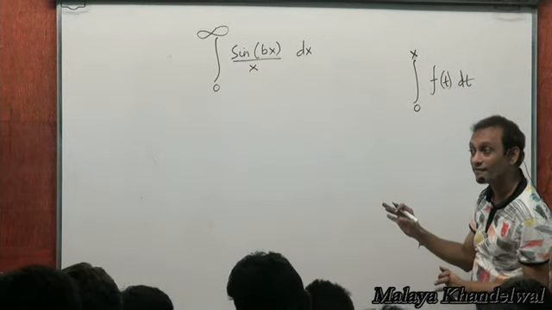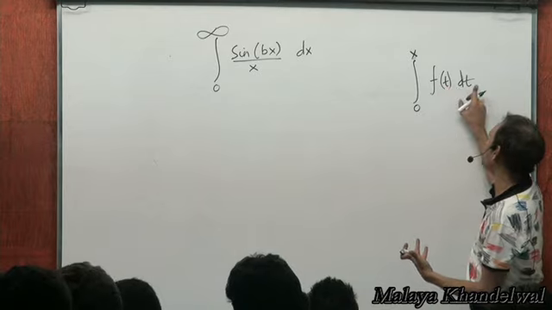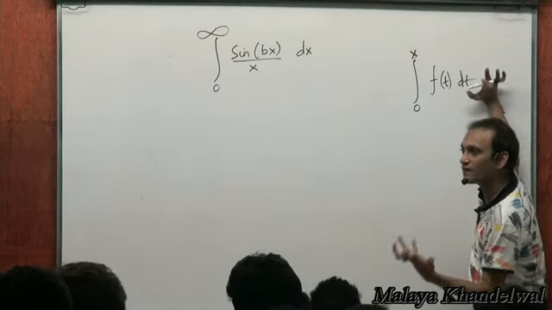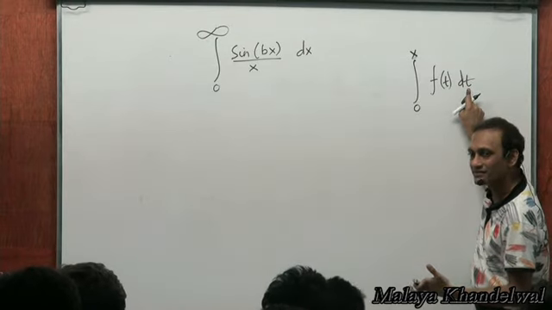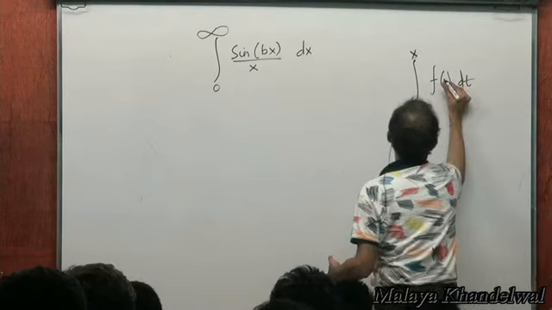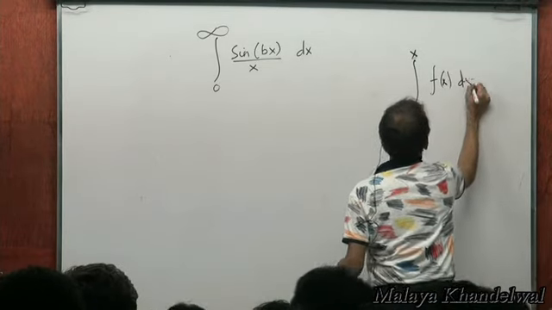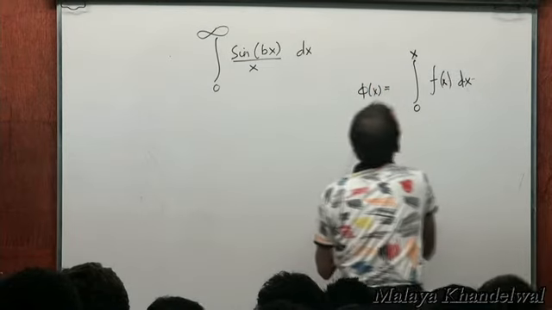You know what I'm saying? Because if I replace this x by t, then 0 to x, this integral will remain the same. That means this x was obviously not the same as this x. Right? So, say if I had something like this, then this will be a function of x. But which x?